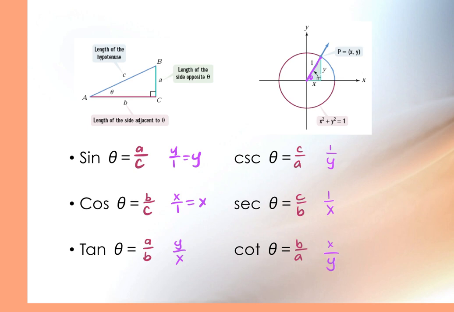So there's 2 ways to apply SOHCAHTOA. One is in any right triangle, and one is specifically in your unit circle right triangles, in which your hypotenuse is 1.